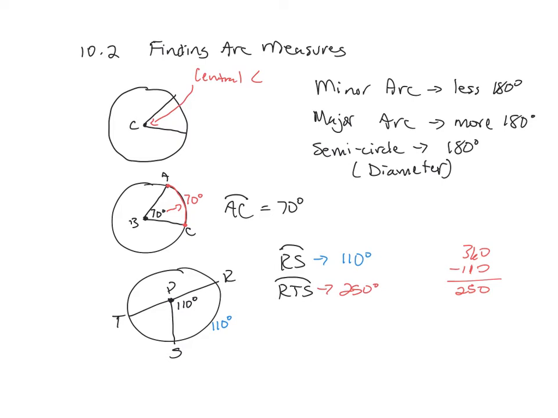So we can add arcs together. We can subtract them. If I said RST, that means go from the R toward the 110, from R to S to the T. Well, R to T is part of a diameter, which means it's part of a semicircle, and that means it's 180 degrees.